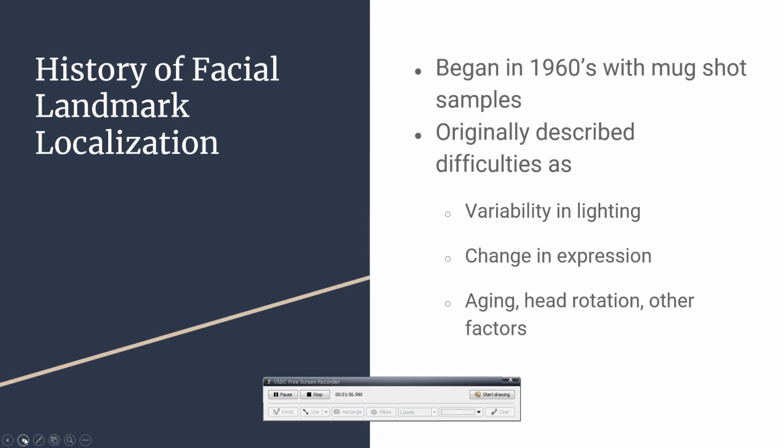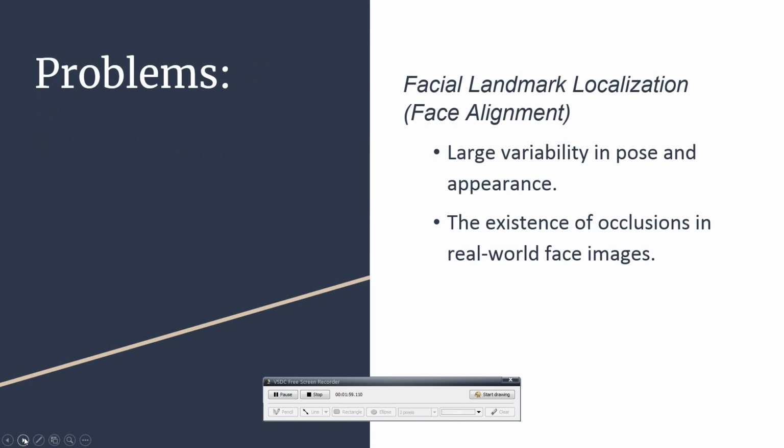All right, let's talk about the problems. In this slide, we're going to explain the problems and the motivation why we attack this problem, because everybody working on images, and especially facial landmark localization, which is known as face alignment, faces two major problems.